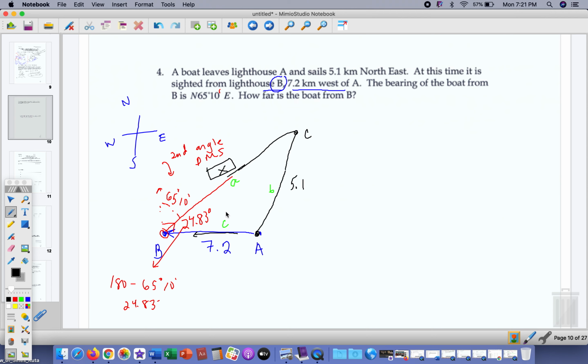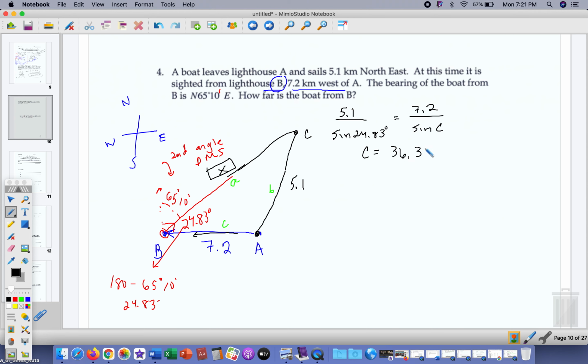Well, we only have one angle, so let's search for one of the angles. Let's find C first. So we do little b, 5.1, over sine of angle B, 24.83 degrees, equals little c over sine of C.